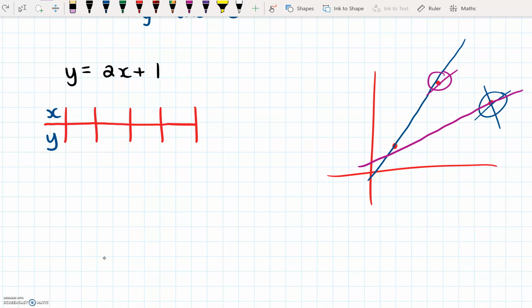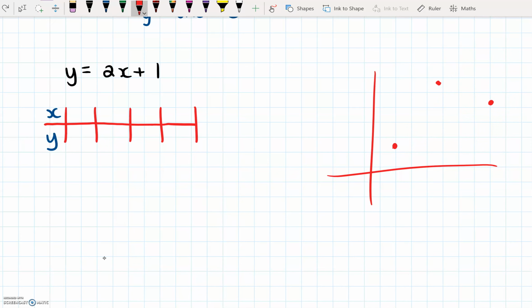But instead, what if we have a 4th point? Let's say the 4th point is here. Then, wow, you can see straight away this is wrong.